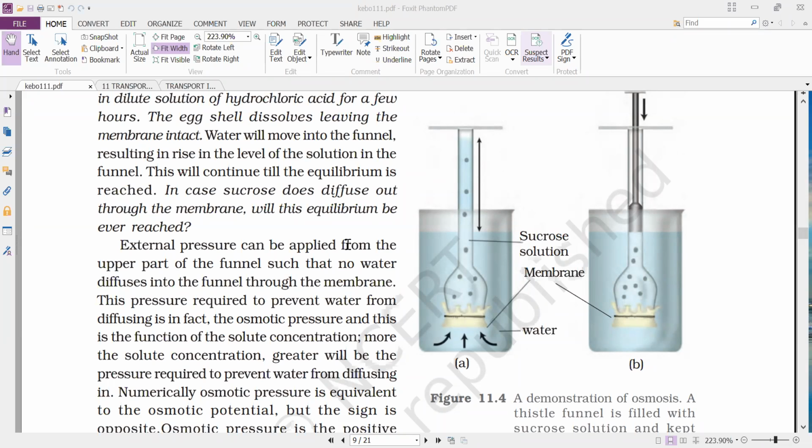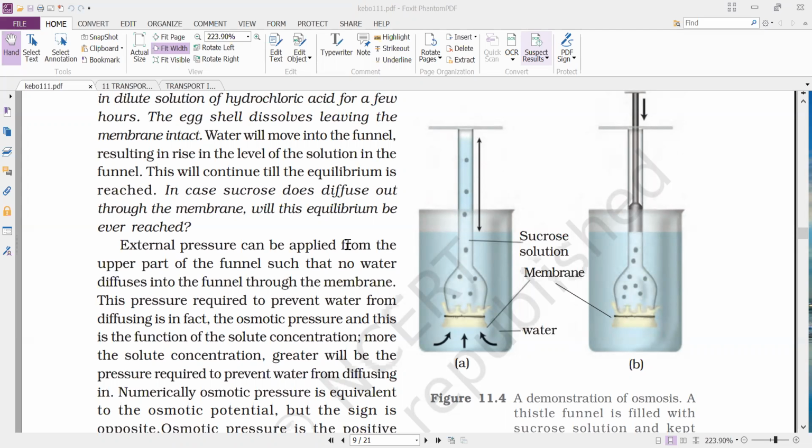Even though there is a difference in concentration during osmosis, water molecules move from higher to lower concentration and at the same time from lower to higher. But the net movement, that means more water molecules, will be moving from the region of higher water concentration or water potential to the region of lower water concentration or water potential.